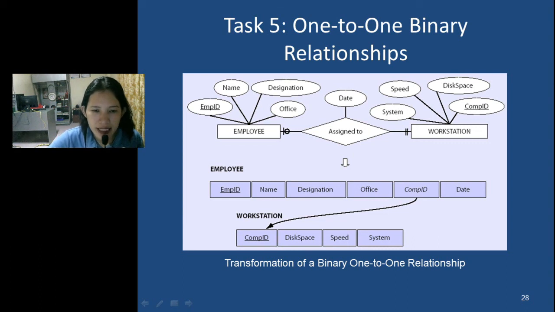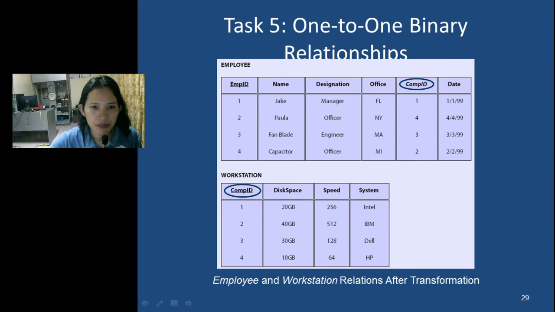So the guide says that we will add the foreign key to the optional side. In the ER diagram, the optional is the employee. So this table shows the relations and its data in our previous slide.